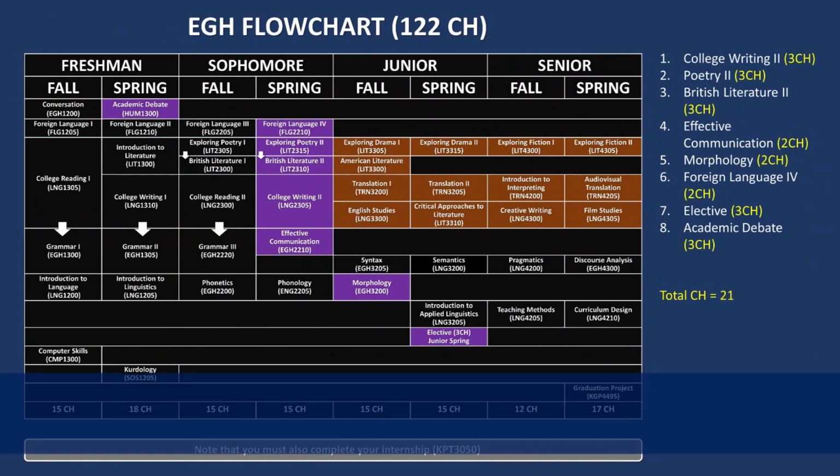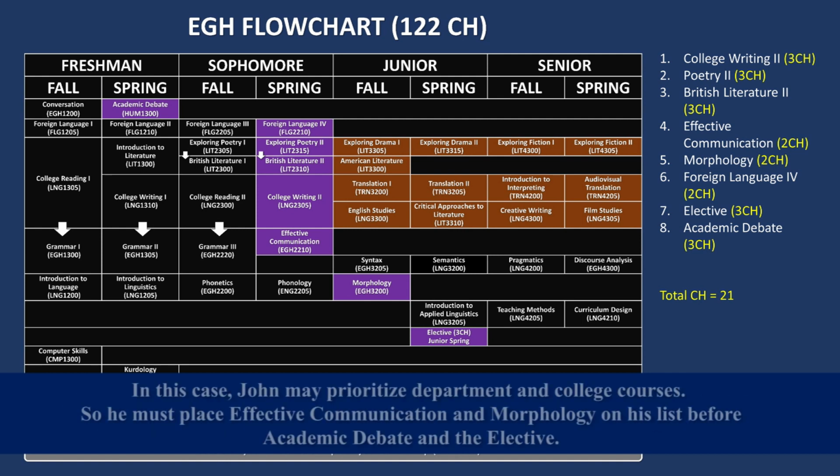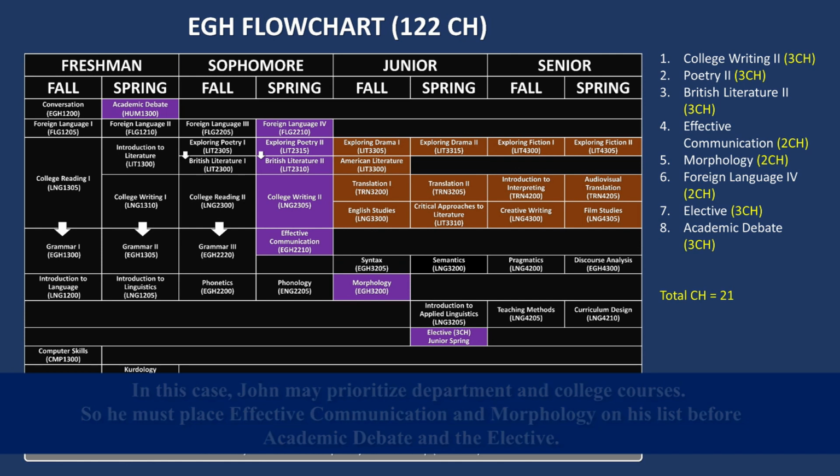The other courses on John's list, Academic Debate, Foreign Language 4, Effective Communication, Morphology, and the elective, have no follow-up courses. In this case, John may prioritize department and college courses. So he must place Effective Communication and Morphology on his list before Academic Debate and the elective.